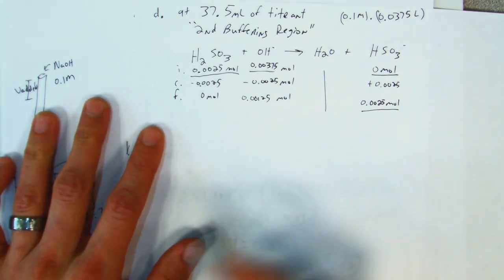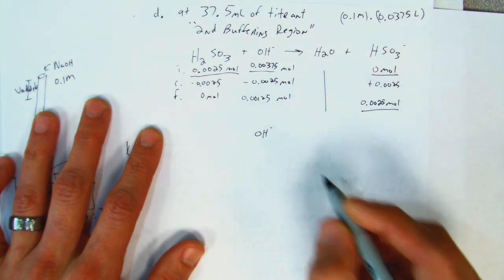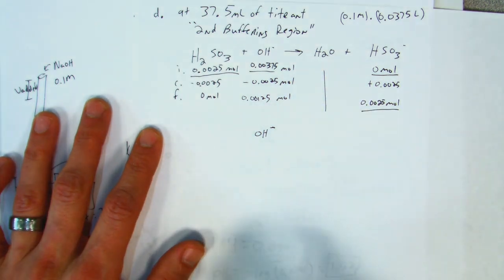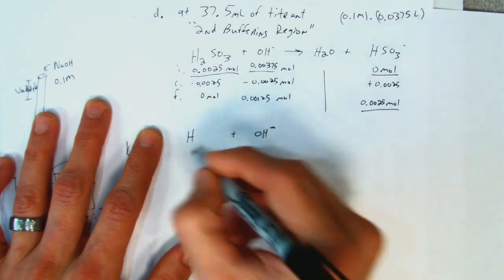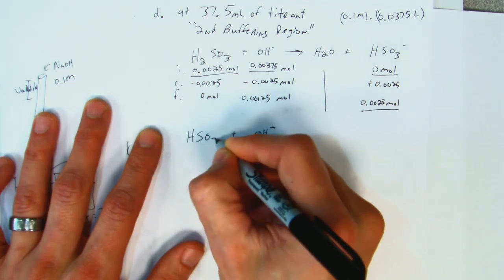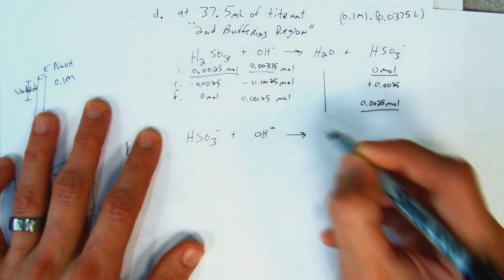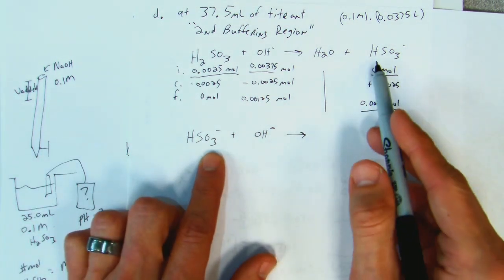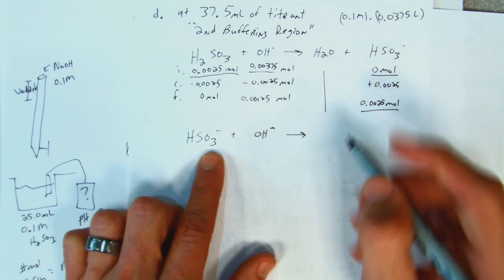So I kind of have to ask myself, well, what really happens? I've got some of this strong base. Wouldn't it be at least conceivable that this substance, the HSO3 minus 1, might be able to react further? I mean, it's got this other proton. We started this off by saying it was diprotic.